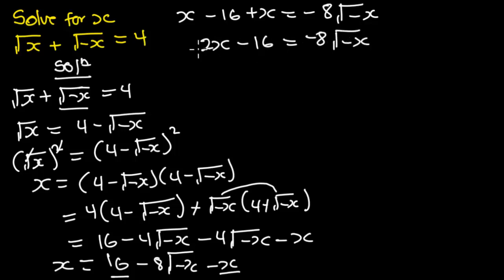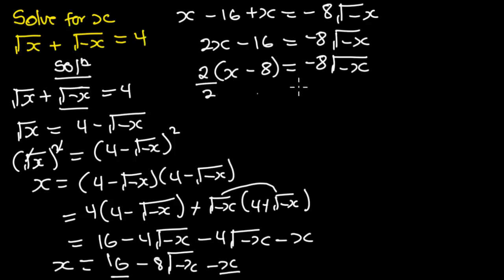Now over here, you can factorize out 2. So 2 out, we are going to be left with x minus 8 is equal to minus 8 multiplying the square root of minus x. Now from here, you can divide through by 2. And so we are going to have x minus 8 is equal to minus 4 multiplying the square root of minus x.